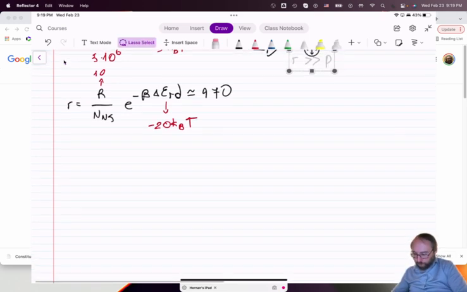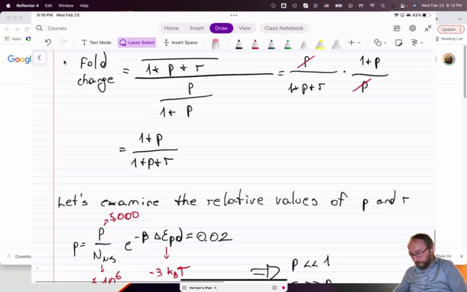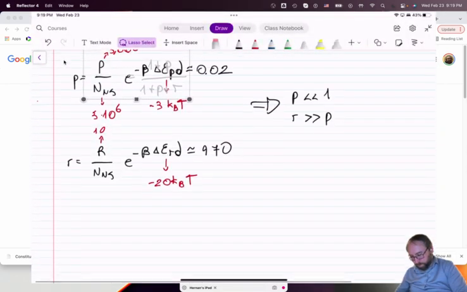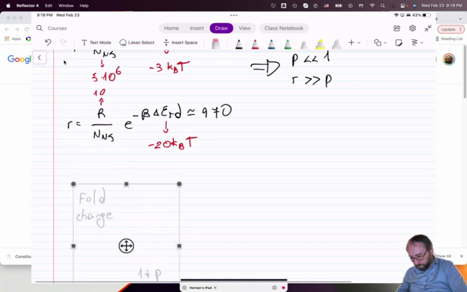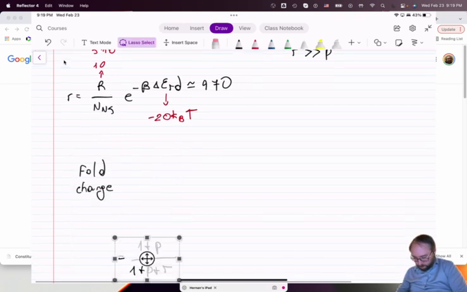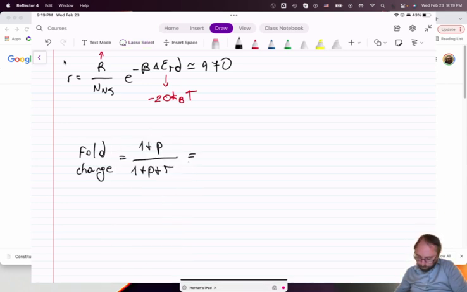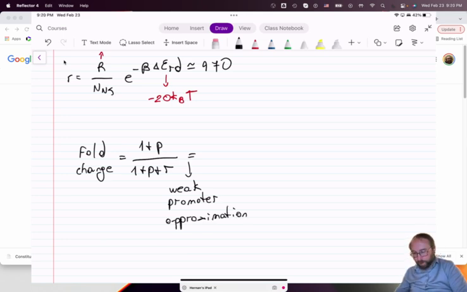But that means then that the fold change that I had up here, under this so-called weak promoter approximation, 1 plus P, if P is much smaller than 1, that's just 1.